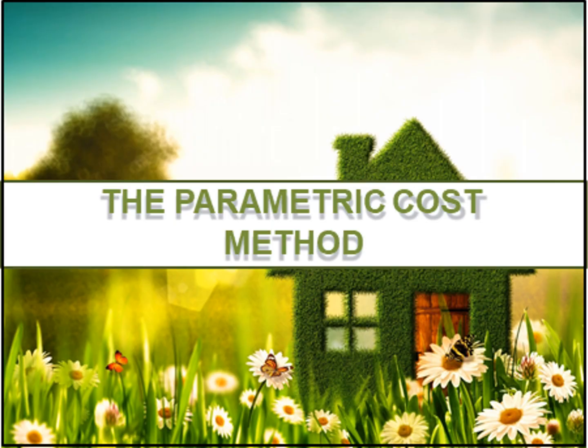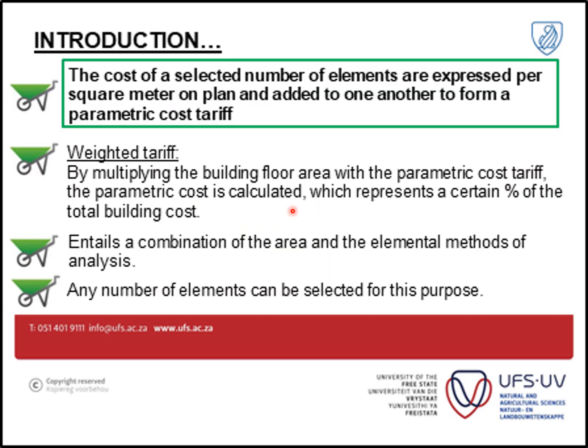In the parametric system, the cost of the selected number of elements is expressed per square meter on plan and added to one another to form a parametric tariff. The weighted tariff is obtained by multiplying the building floor area with the parametric cost tariff. The parametric cost is calculated, which represents a percentage of the total building cost.